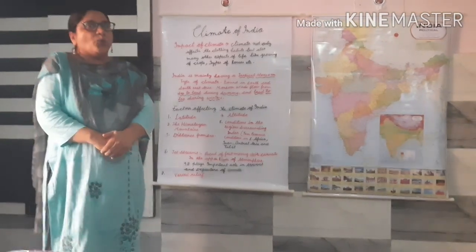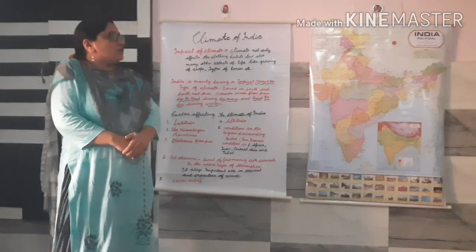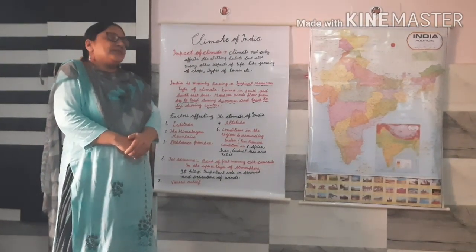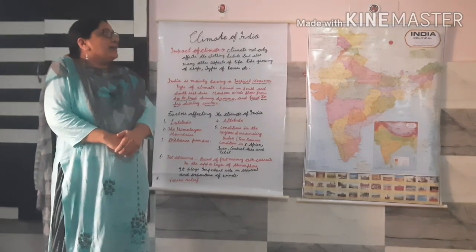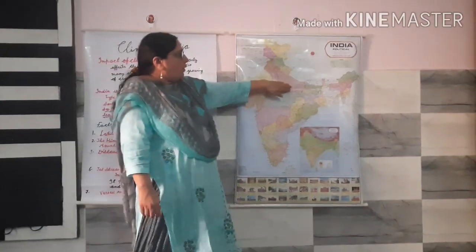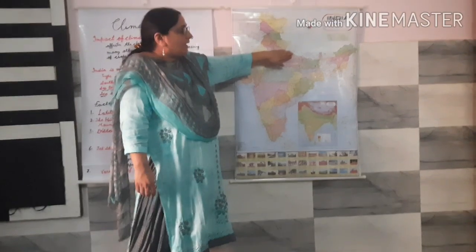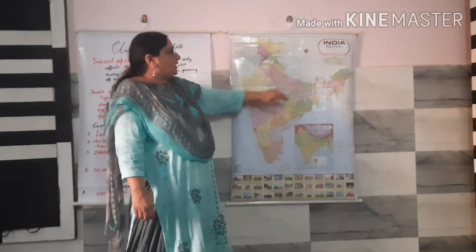At the height of 1000 meters, the temperature reduces by approximately 6 degrees Celsius. That is why people want to move toward the hilly areas to get relief from the intense heat.